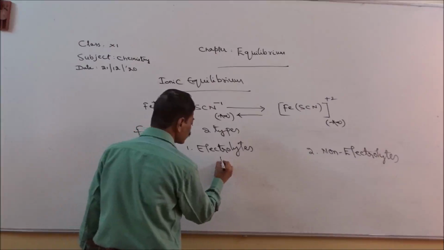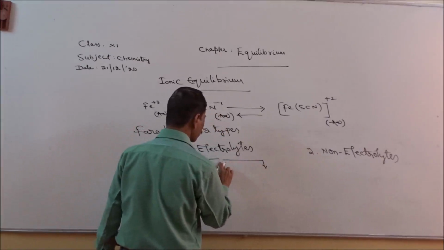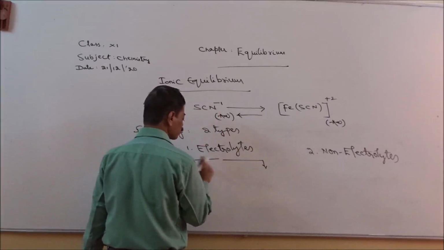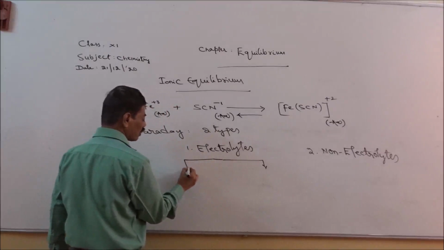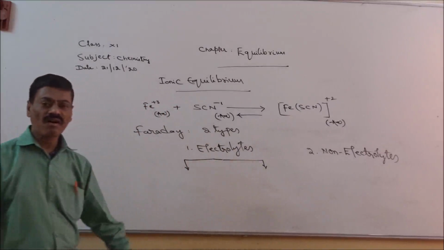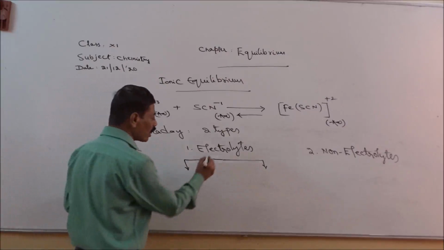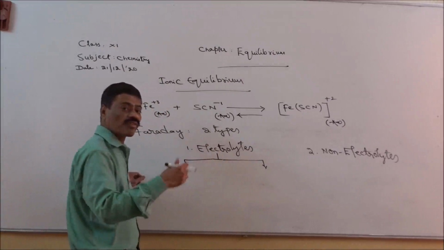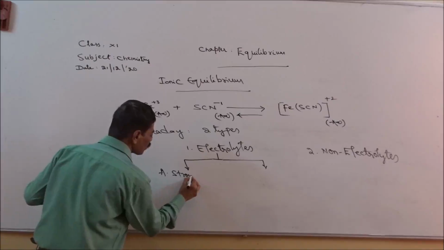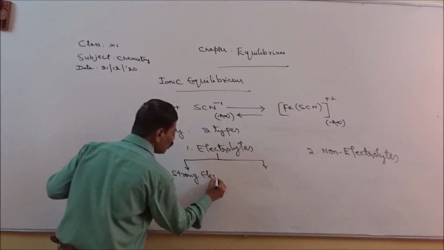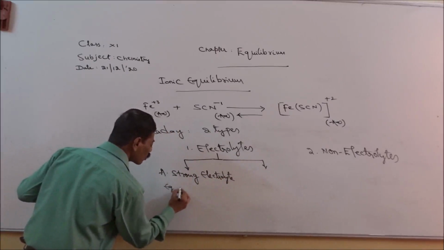Again, one more point here. These electrolytes are divided into two types depending on the ease with which the ions are yielded by them. If the ions are formed fast, that means if the electrolyte undergoes ionization very fast to form the ions, then it is a strong electrolyte. Example, sodium chloride.